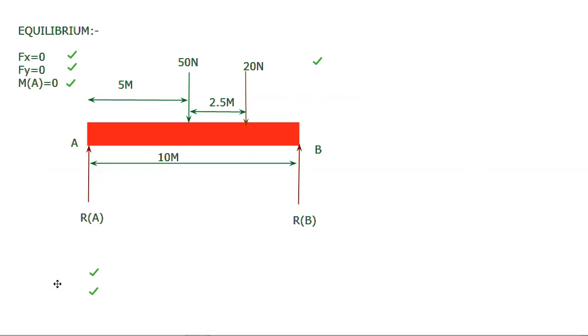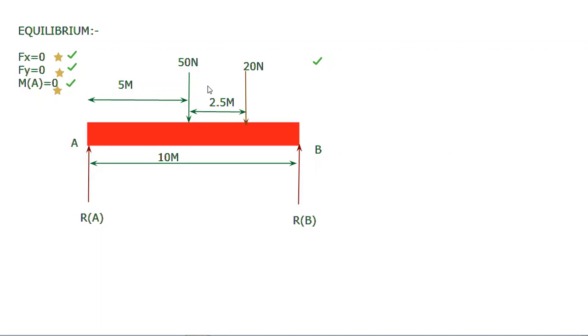Now how will you calculate the support reaction? Now the equal splitting of this 50 Newton will not be there, right? So now two forces are there. One is the 50 Newton, second one is the 20 Newton. Therefore now you can use these conditions: summation of Fx is equal to 0, summation of Fy is equal to 0, and moment at any point is equal to 0.